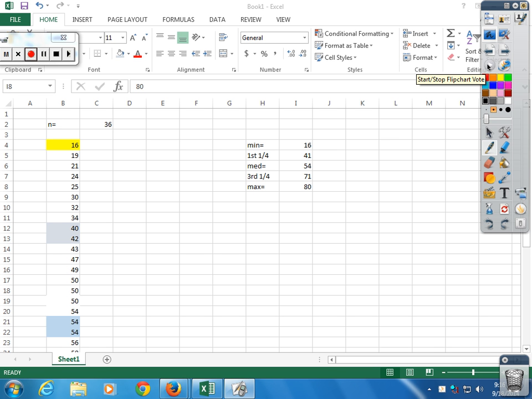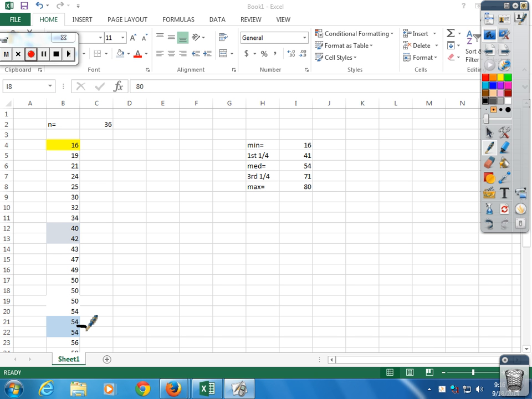So how many numbers are above it? 1, 2, 3, 4, 5, 6, 7, 8, 9, 10, 11, 12, 14, 15, 16, 17, 18. Right here is your median, not the 54 and 54.